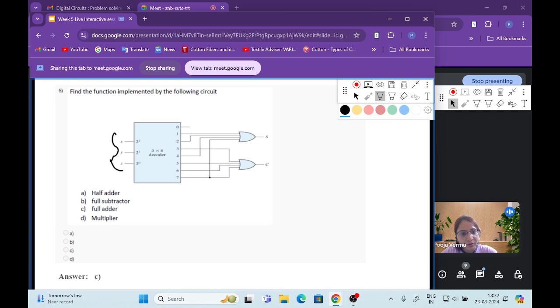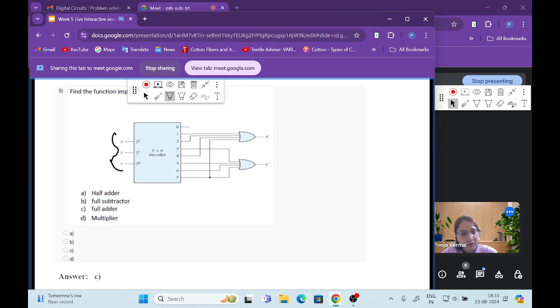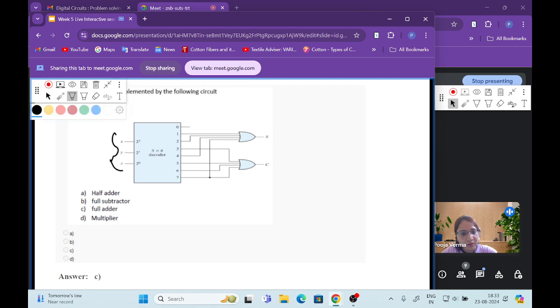Okay. So in the normal decoder circuit, it is written as D0, D1, D2, D3, D4, D5, D6, D7 individually. We will calculate the output, right? So let's first find out what will be the truth table for this. Then we will make the function.